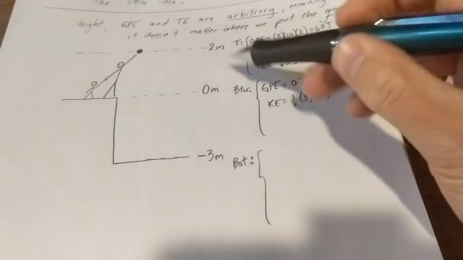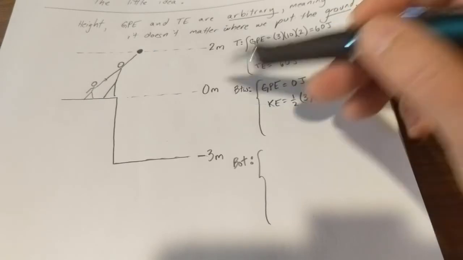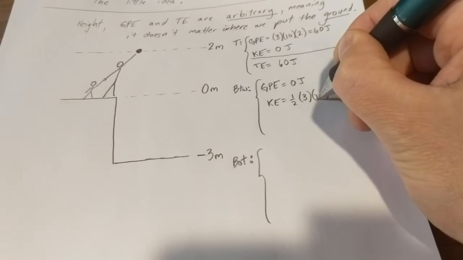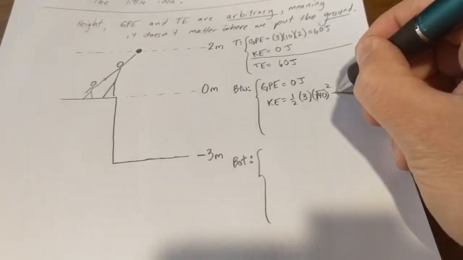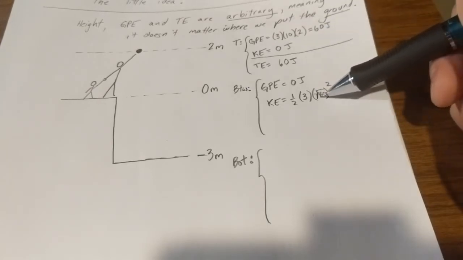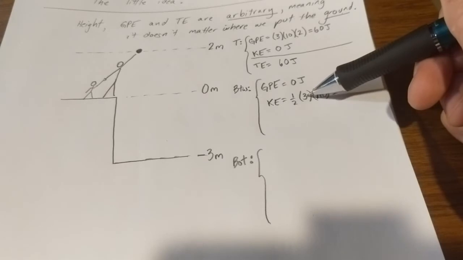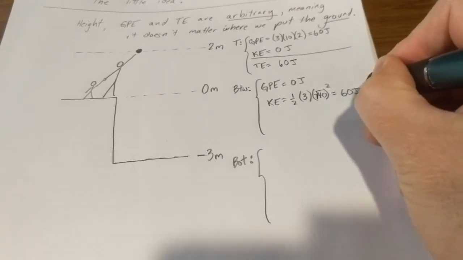Its velocity, having fallen 2 meters, we could use equation 3 to show again, comes out the square root of 40. That means that the total energy here is the square root of 40 squared, which is 40, times 3 is 120, divided by 2 gives us 60 joules.